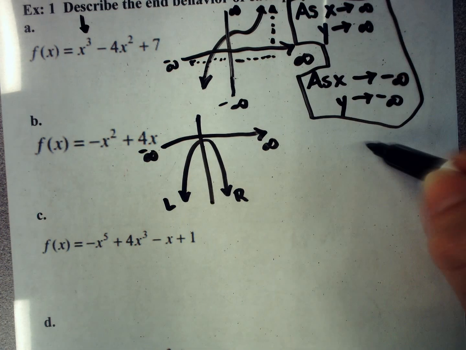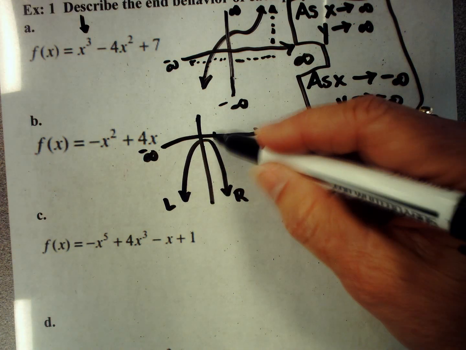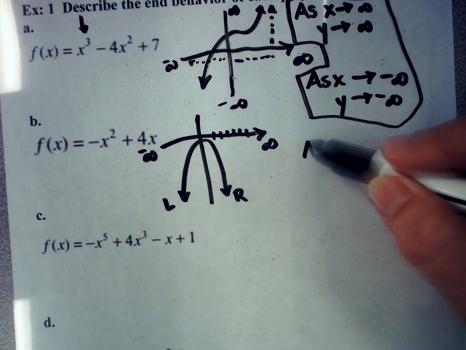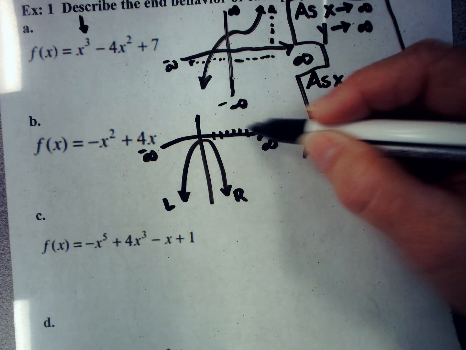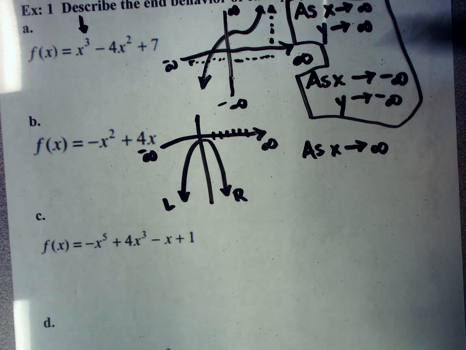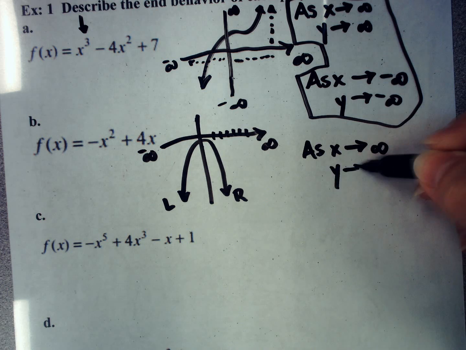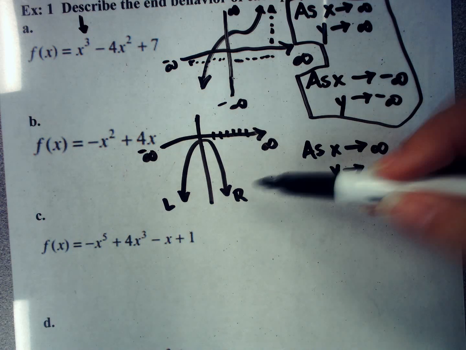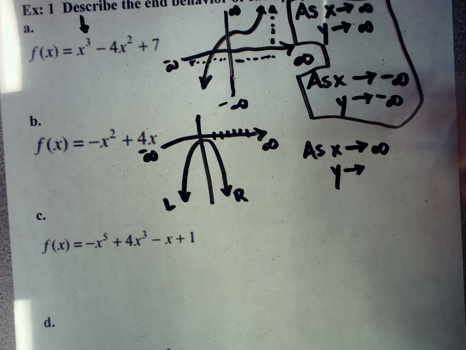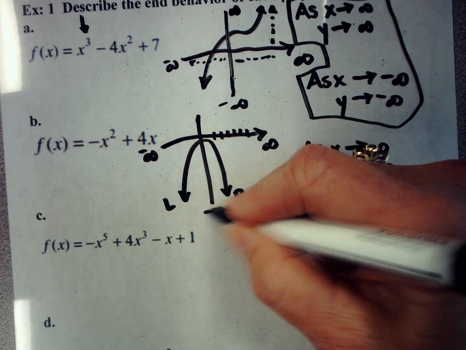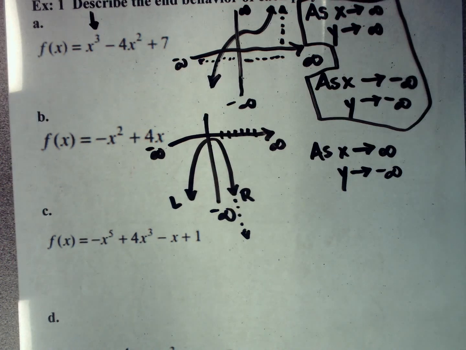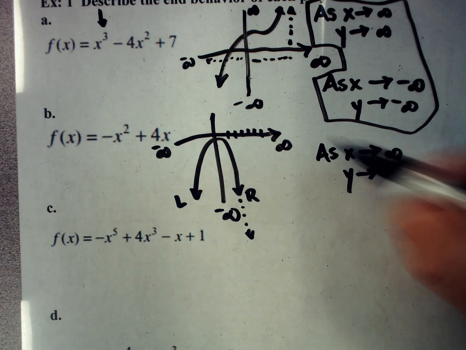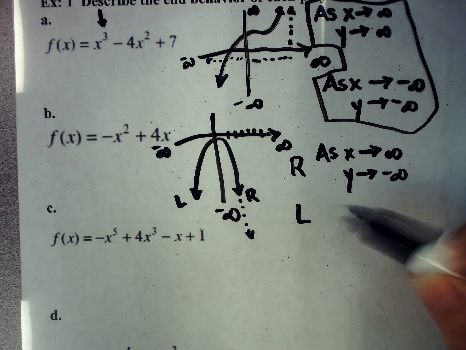Okay, let's start with the right-hand side. As x starts to plot points going towards positive infinity, so I'm plotting points here, where are the y values getting plotted? Y is approaching what? Negative infinity. It's going down. All these points are going down to negative infinity. That takes care of the right-hand side. What about the left-hand side?